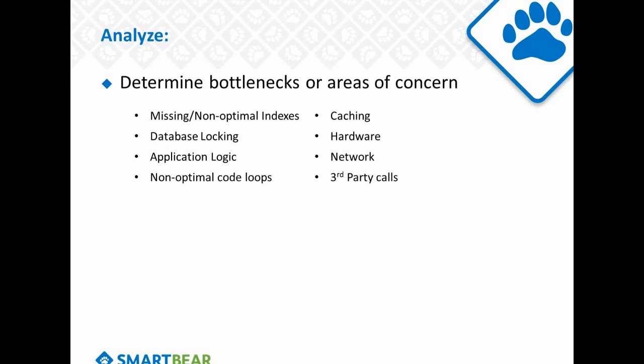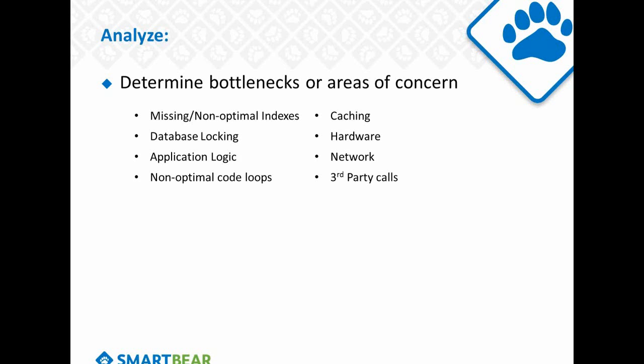You want to make sure that you get all of your bottlenecks nailed down, and they can come from anywhere. So as I mentioned, either missing or non-optimal indexes can really, really slow down any application. Database locking, some of your application logic may be flawed. You may need to get some of that refactored.